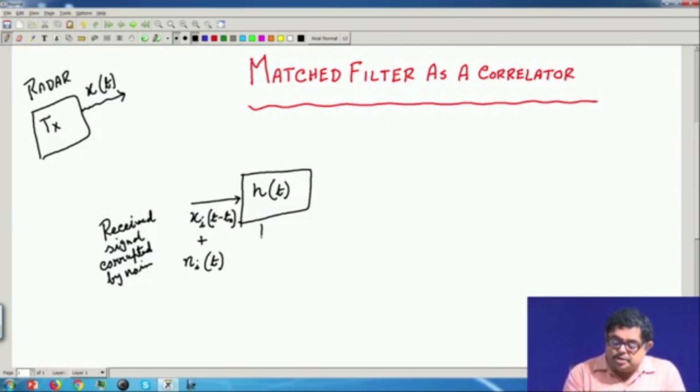If this is the matched filter, then obviously we can write what will be the output. Previous day we have seen the matched filter and its output.